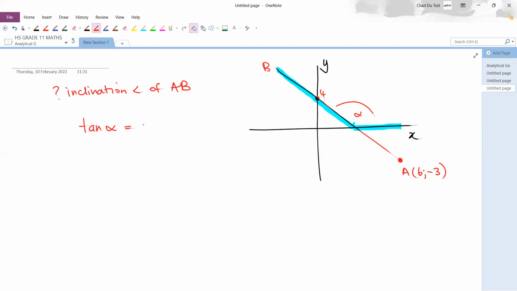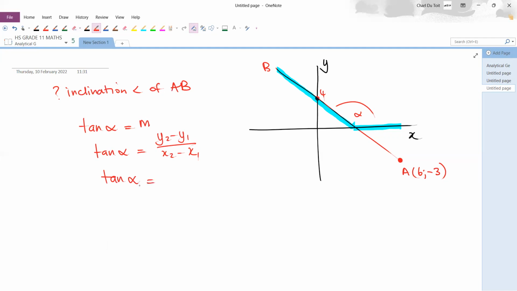Tan alpha is m. Tan alpha is the gradient, which is y minus y over x minus x. Just make sure if you've written a 2 first, then you don't write a 2 again, you write a 1. And if you've written a 1 first, then it's 1, 2, 1, 2. Right, let's do that.